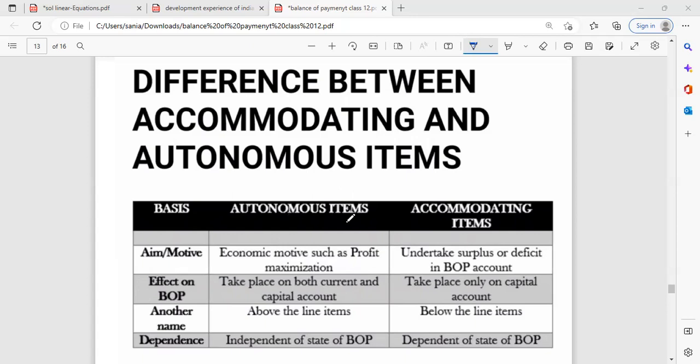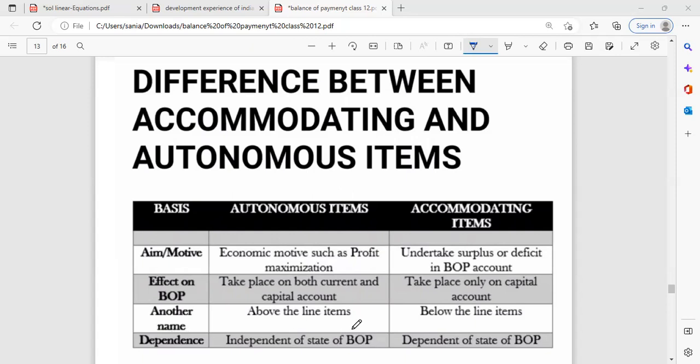Then effect on BOP. Because of autonomous items, both current as well as capital account get affected. But for accommodating items, only the capital account is affected. Another name: autonomous items are also known as above the line items, and accommodating items are known as below the line items.